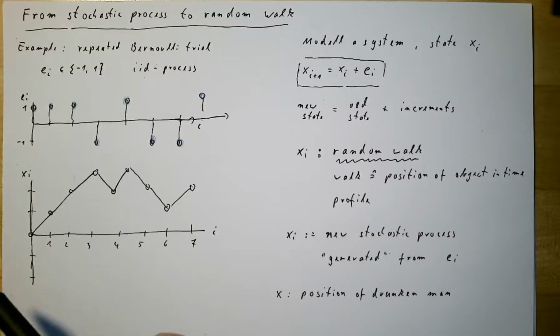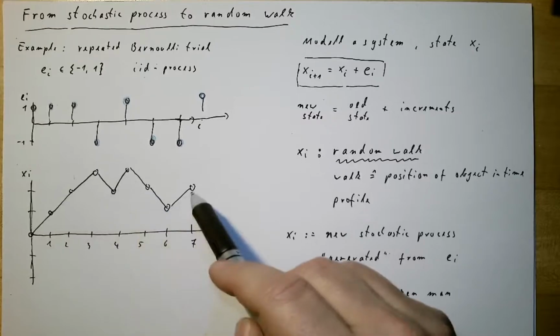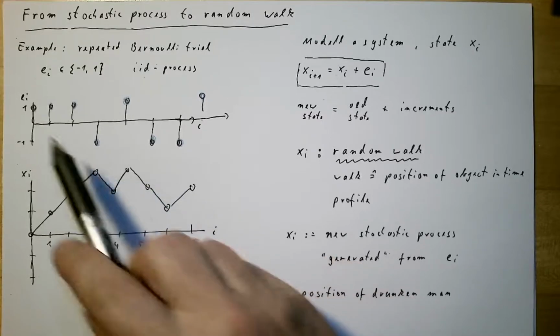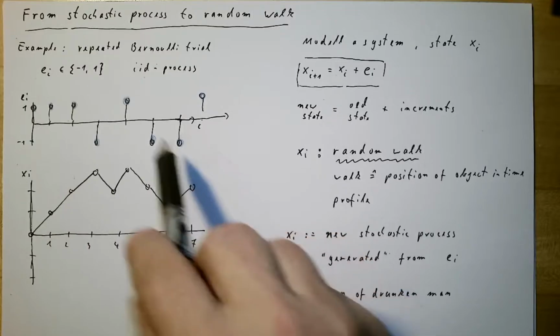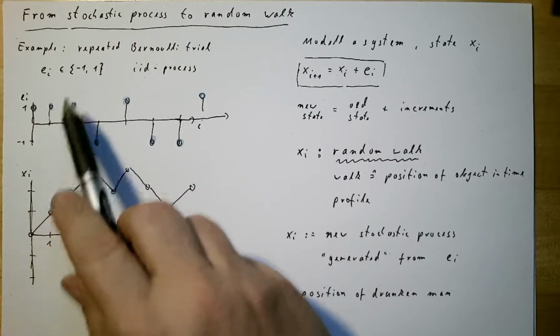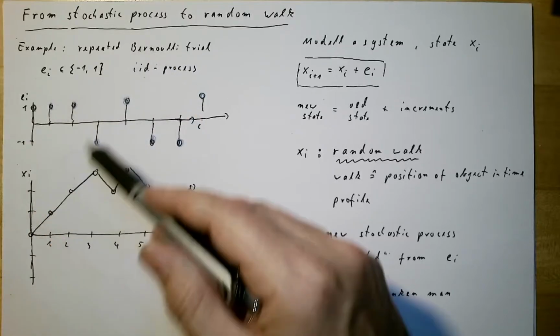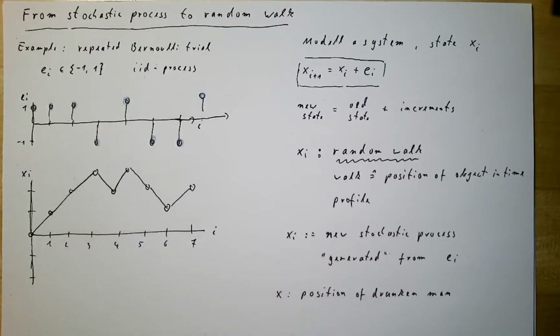What you have to keep in mind is that the profile that we find here depends, of course, on the realization of our stochastic process. So if we would take another realization, we would throw again random numbers from our Bernoulli trial. This would look a bit different, and then also the random walk will look a little bit different.